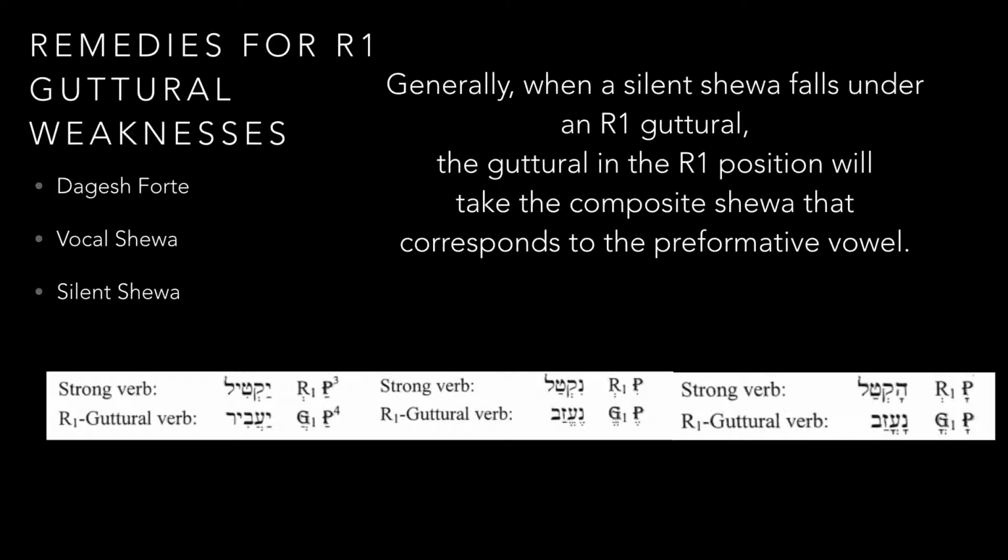And he may have intended to put a hey on there as ho'ozav. I don't know why the nun pops in there, but either way, you can see the vowels, the silent schwa flipping to a composite. When it changes to the composite, it becomes the composite of the corresponding preformative vowel.